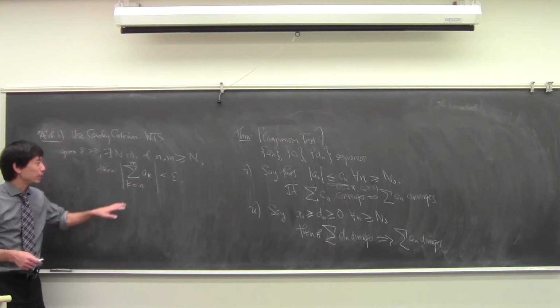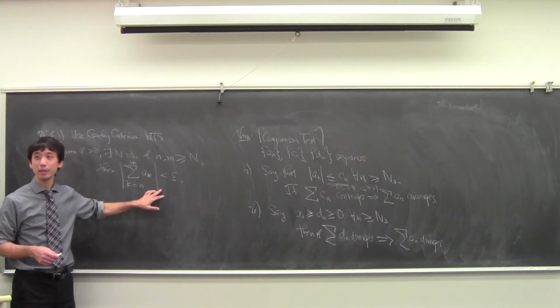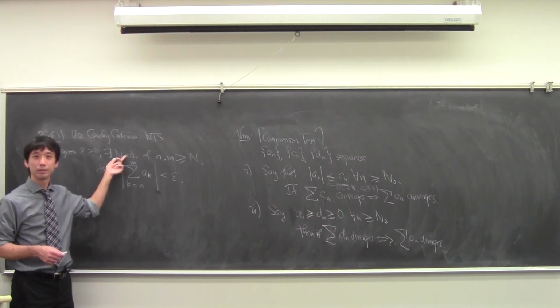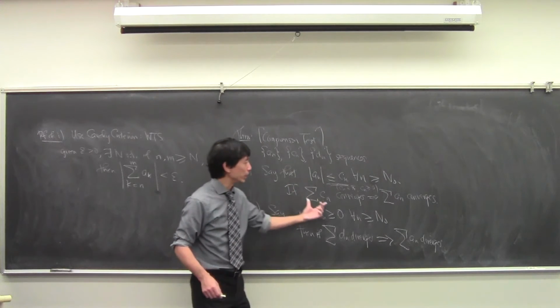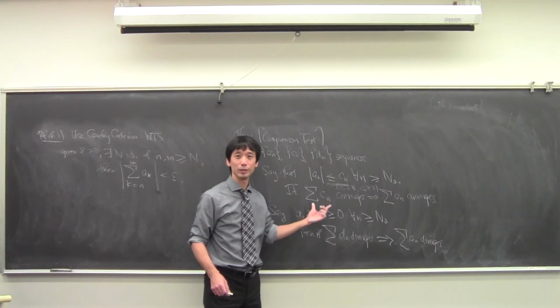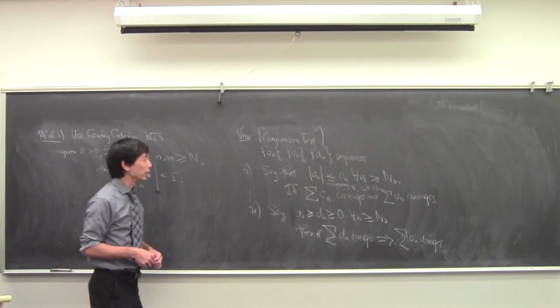Okay. Anybody see how to define the n? Anybody see how to find the n? We know that the sum of the C sub n converges, right?